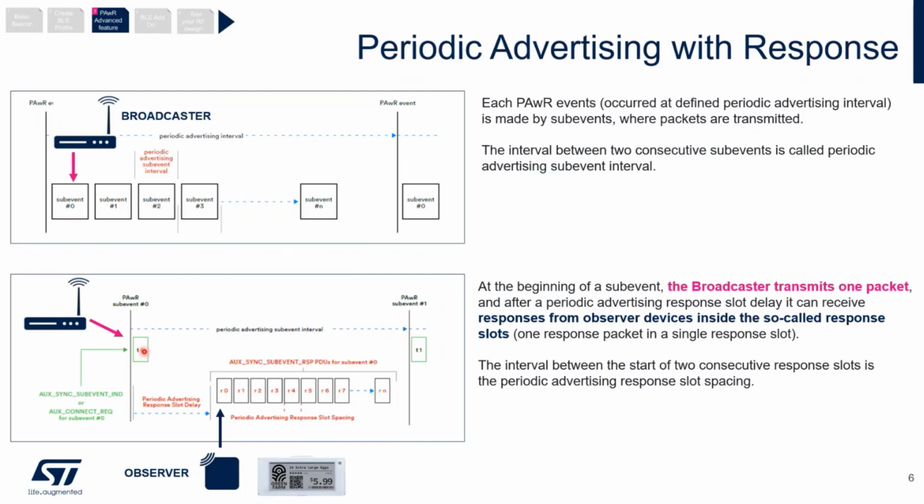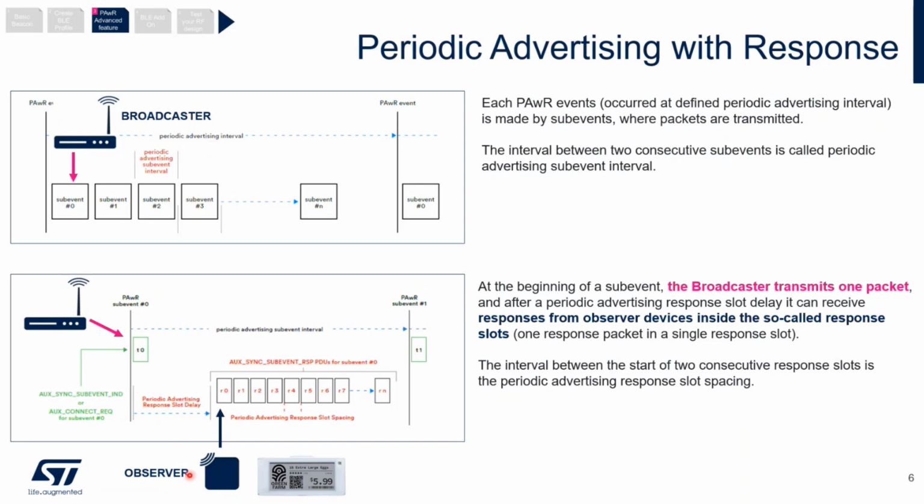And those data will be pushed at each periodic advertising interval. So the broadcaster is pushing data at T0 for group 0, okay? Every periodic advertising interval. That could be 30 milliseconds, 10 seconds, okay? At the end, it's a matter of compromise between latency and power efficiency.